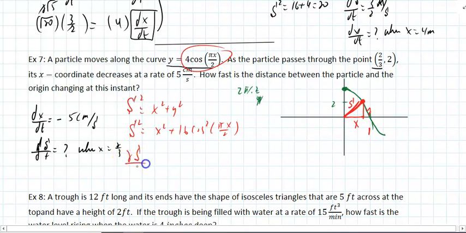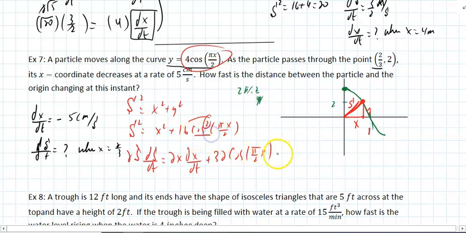So 2s ds/dt equals 2x dx/dt plus, bring the power down, that's 32 the cosine of pi over 2 x times the derivative of the inside, which is negative the sine of pi over 2 x times the derivative of the angle, which is pi over 2 dx/dt.